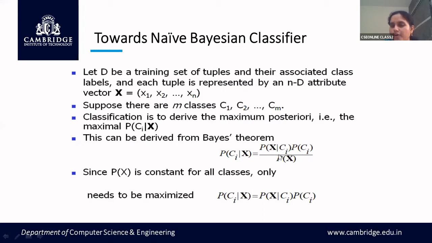So P of X given the class label Ci is called the maximum likelihood, multiplied by its prior probability. P of Ci is your prior probability, divided by the total probability of instances in your training data set. So this is with respect to the Bayesian theorem.